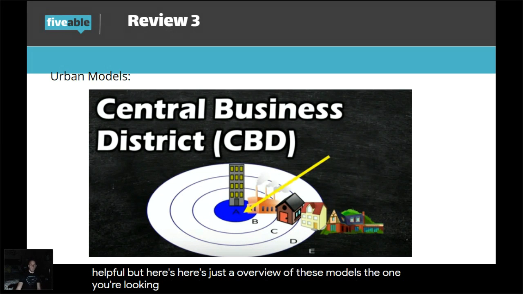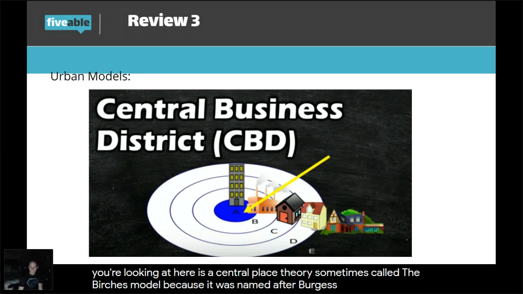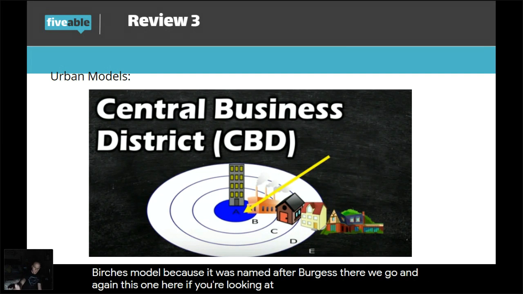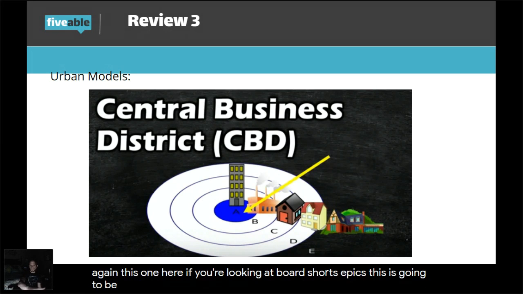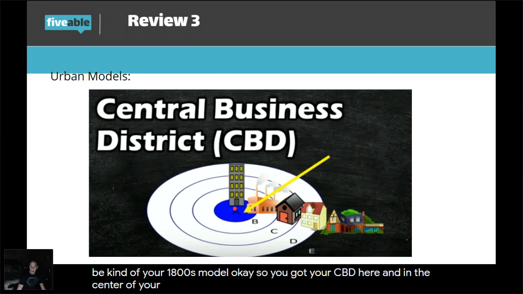The one you're looking at here is the concentric zone model, sometimes called the Burgess model because it was named after Burgess. There we go. And again, if you're looking at Borchert's Epochs, this is going to be kind of your 1800s model. Okay, so you've got your CBD here in the center, your downtown.